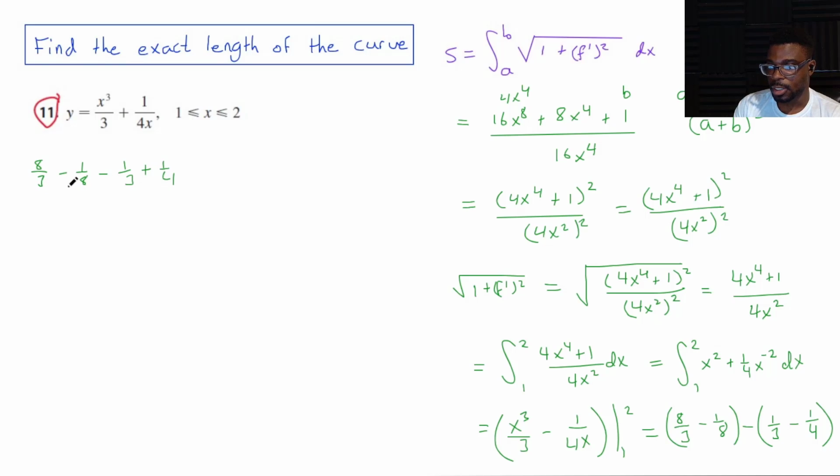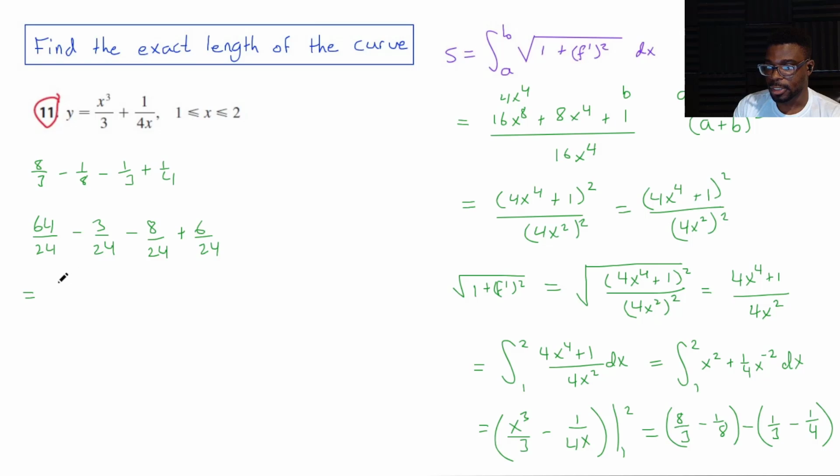So we're going to do 8/3 would become 64 over 24. Over here we would have 3 over 24. Over here we would have 8 over 24. And then over here we would have 6 over 24.